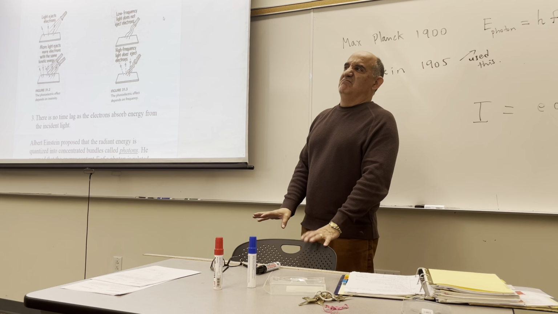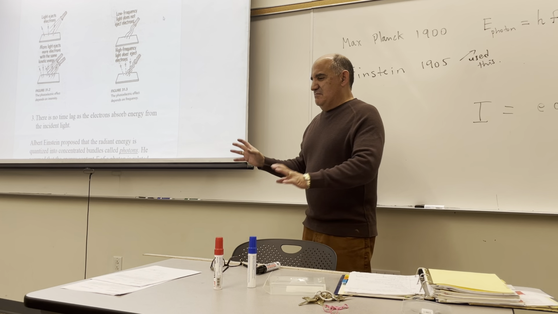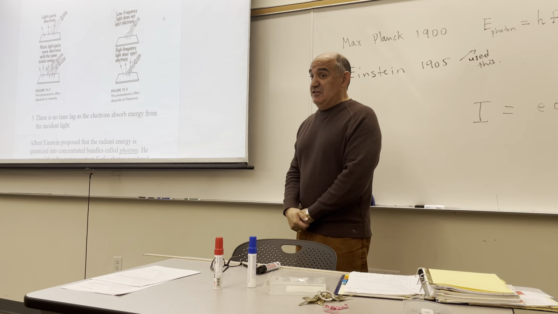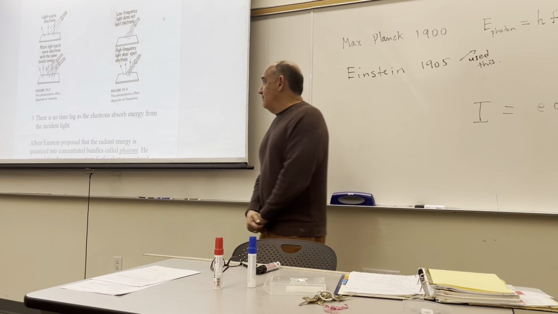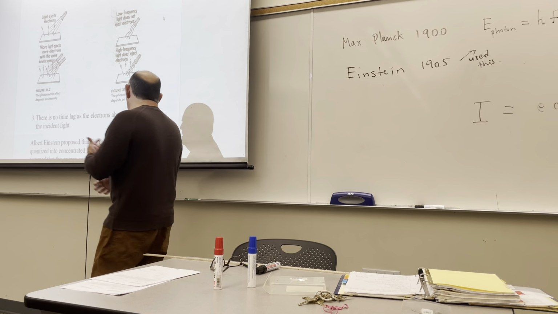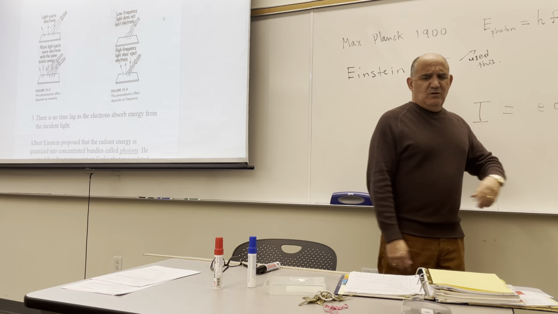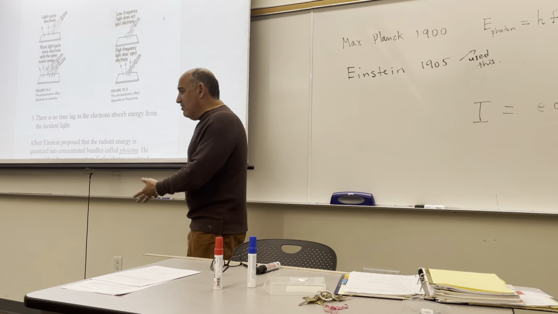So it was like, I don't like how you did it, but you did it. So he made a lot of opposition. Albert Einstein was just defending that light was quantized into these particles of energy, right?